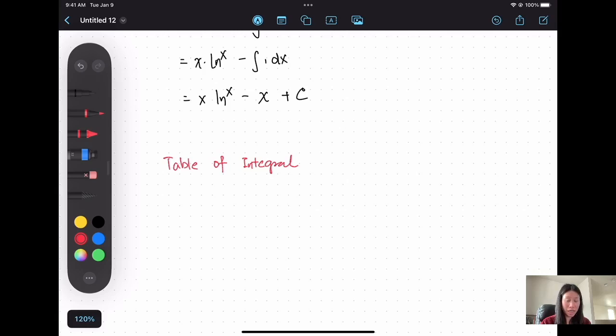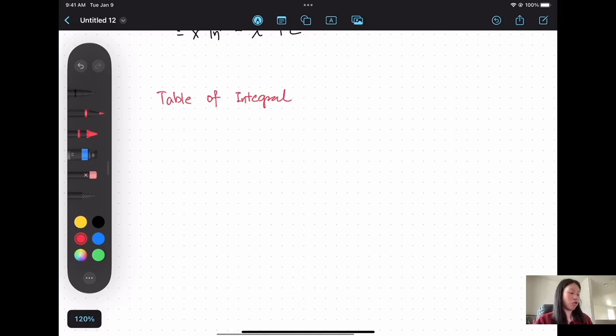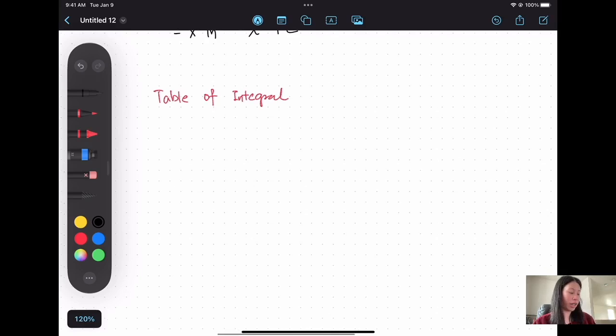Then in this case, we made a list in a table. Basically, it's a formula that you can use and apply for your integration. Such as, I'm going to attach that to our lecture again.